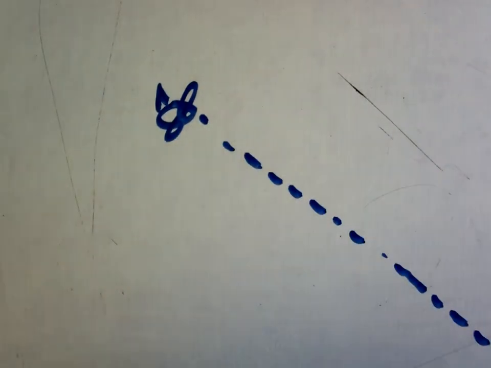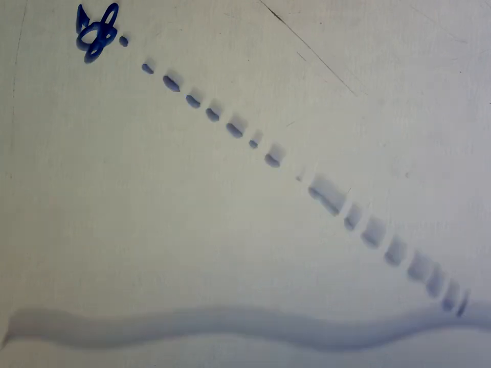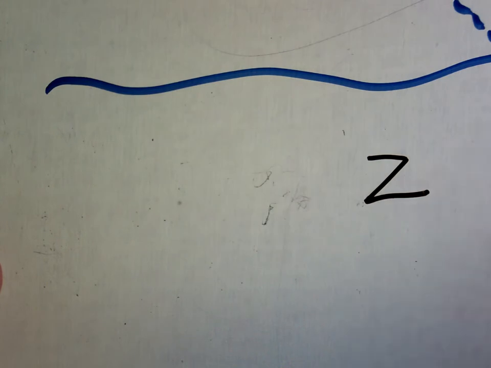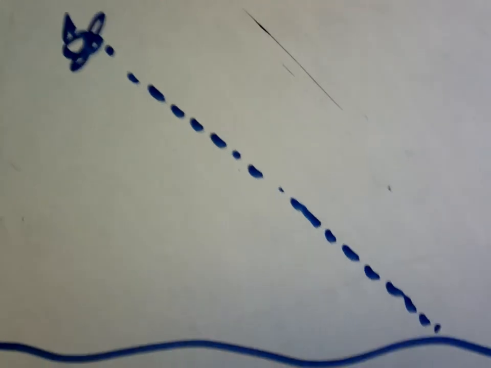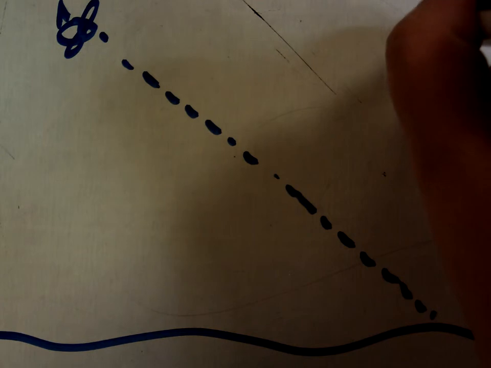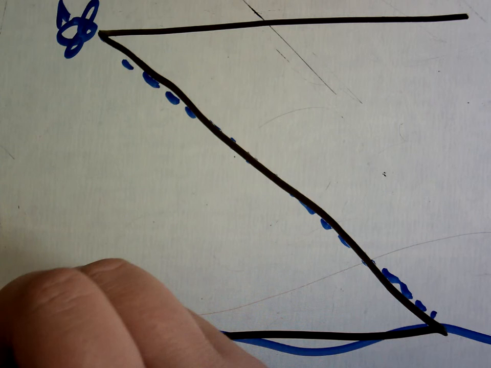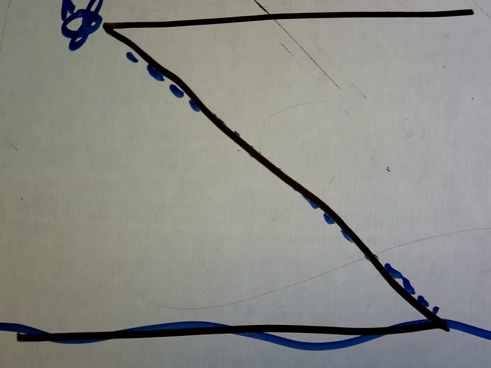You take your line of sight and make it the middle part of a big letter Z. Your letter Z might be a regular letter Z, or it might be a backwards letter Z. Whichever way it works, you want to make the line of sight the middle part of the Z. So this one's going to be a backwards Z, just because a forwards one wouldn't work. So there's my letter Z.